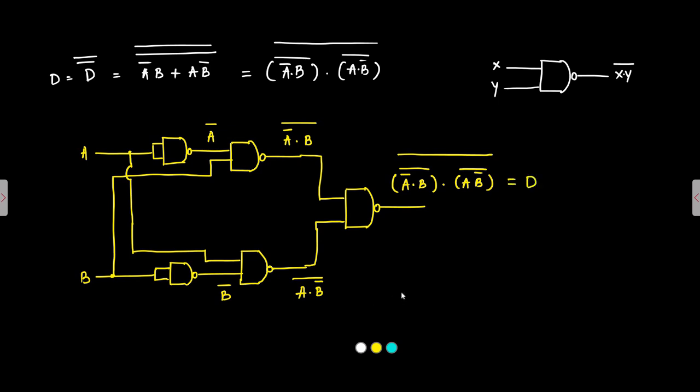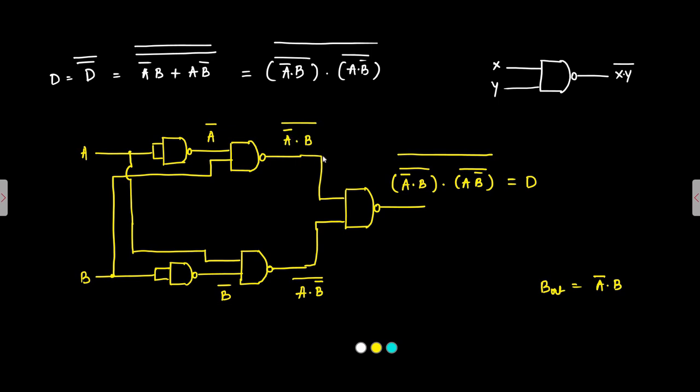Now borrow, we can get the borrow from here. See, borrow is A bar B. So here we have A bar B complement. So if we take this, okay, here let me use a different color. Okay, this is A bar B whole complement.